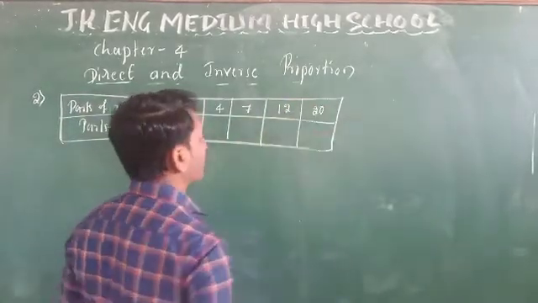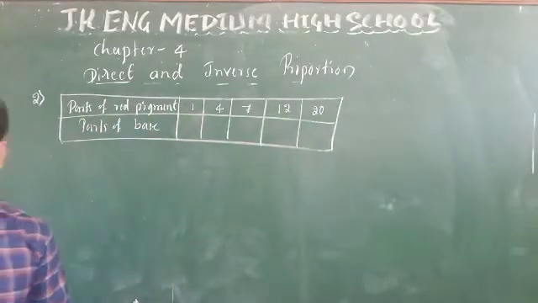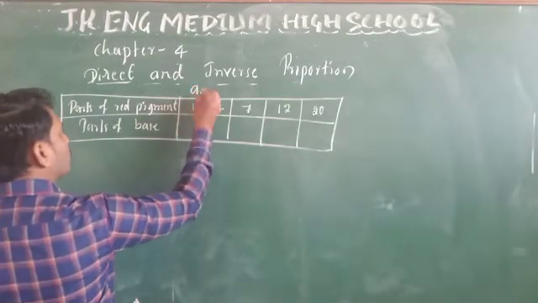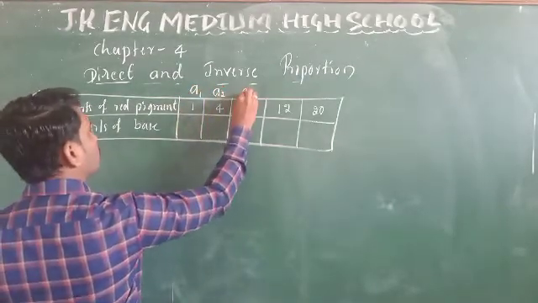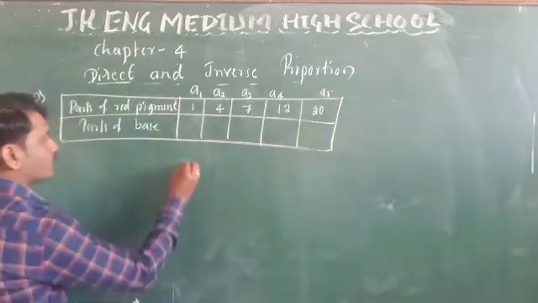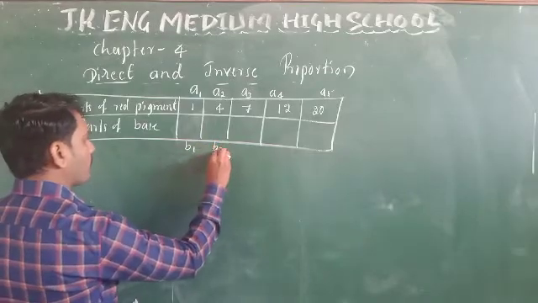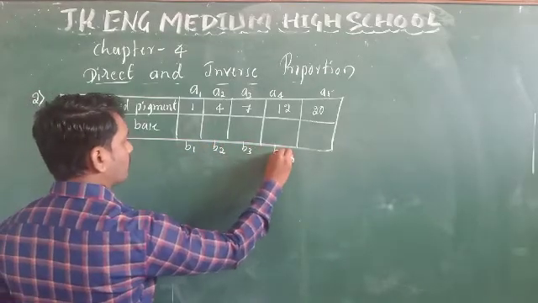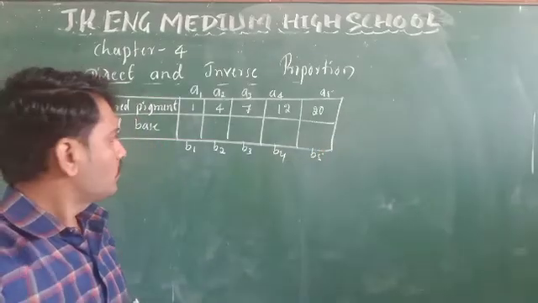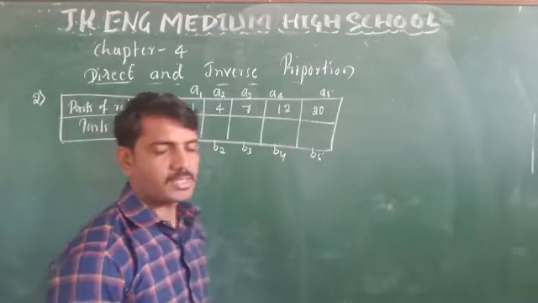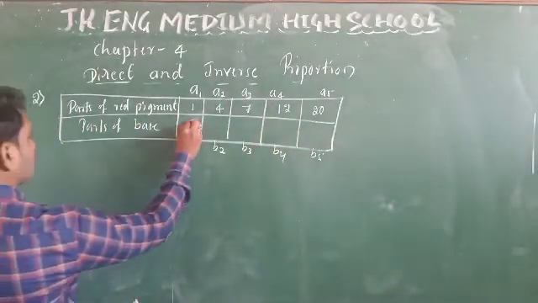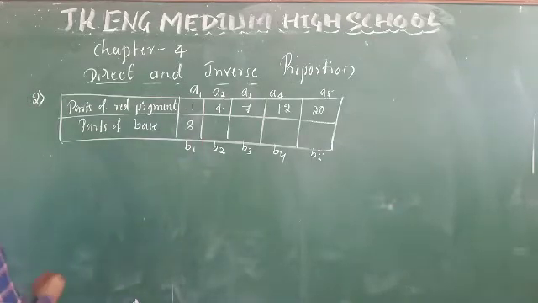Next one is 20. Correct, children? Okay. So according to this, let us consider these values are A1, A2, A3, A4 and A5. The down values are B1, B2, B3, B4 and B5, and the above values we consider as A. Okay. By using the first situation, this is 8.